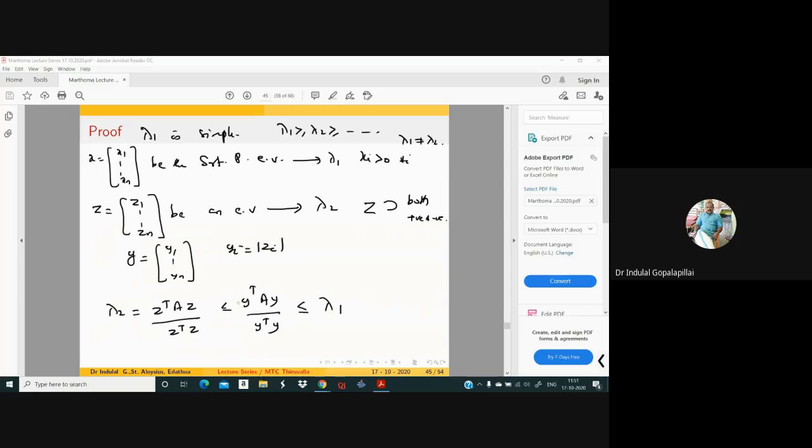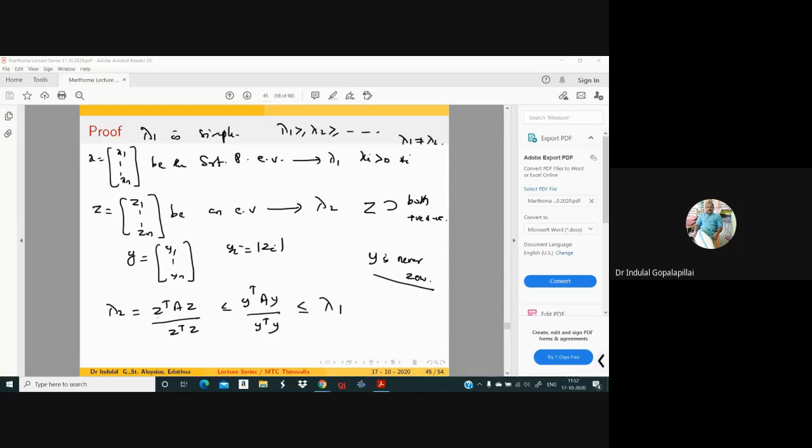Now we want to show that lambda 2 and lambda 1 are different. Suppose, then, there are two cases. Suppose y is never 0, that is, no entry yi is 0.